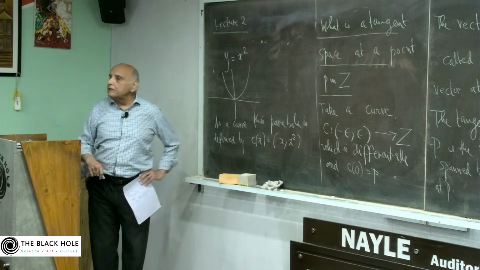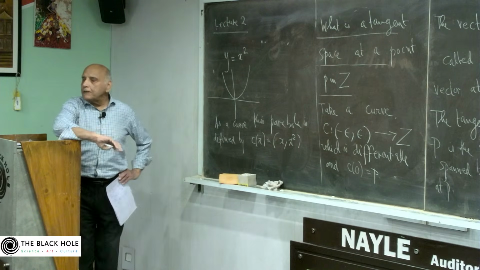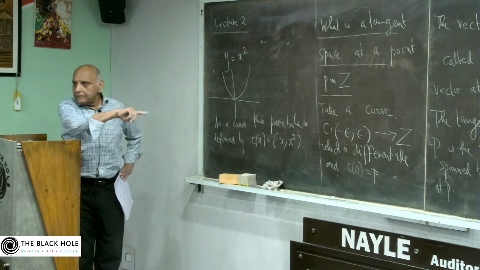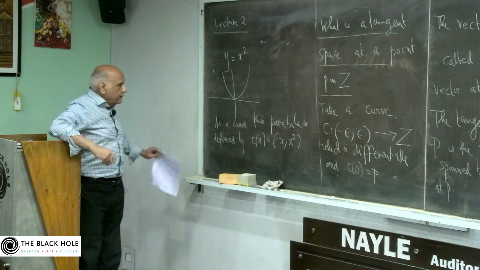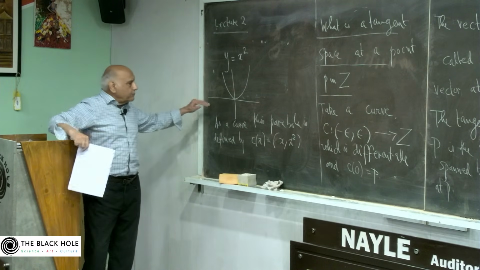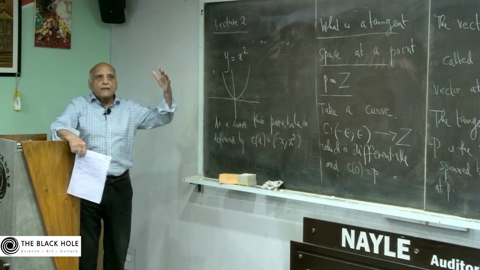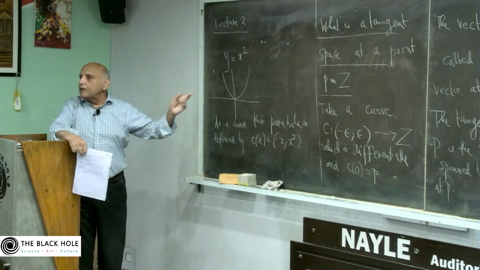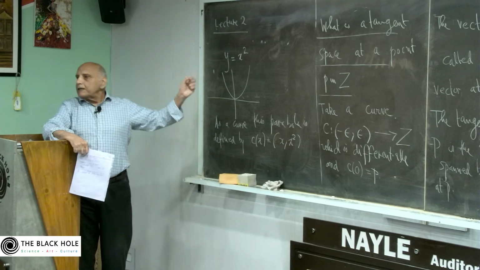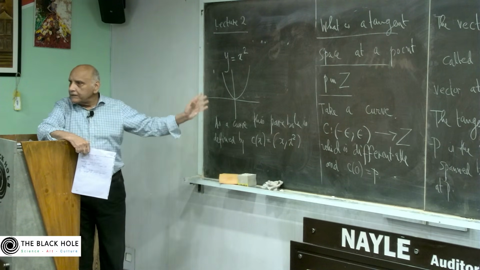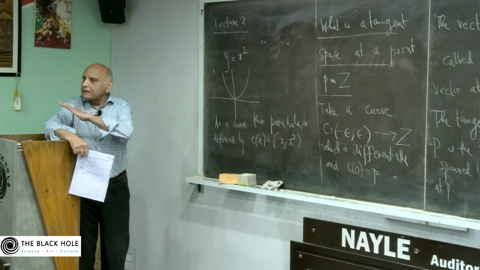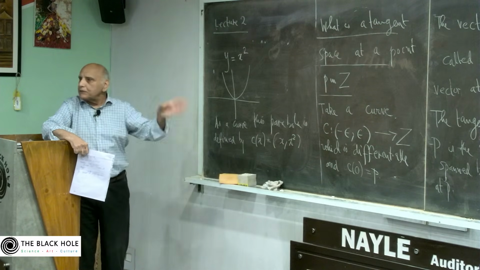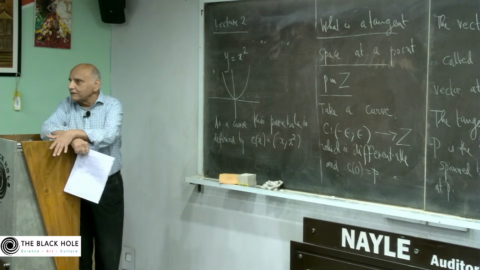But normally in my mind I am thinking of C as something which evolves in time. So that's why I usually denote the parameter as t. There's nothing holy about it. You can take it anything you like as long as you understand what it is.